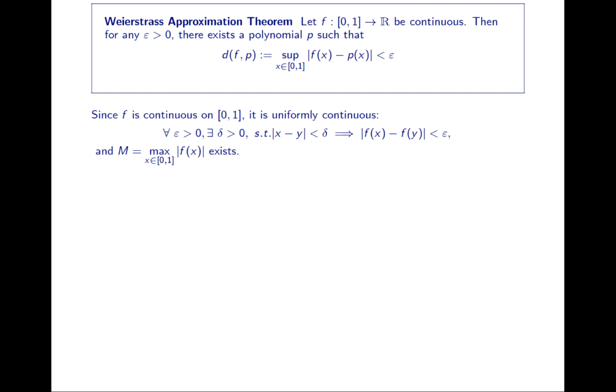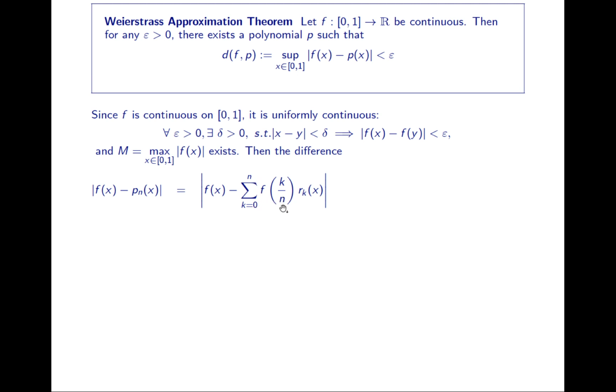Because f is continuous on a compact set, it has a maximum. Let's call the max value m. So the difference between f and P_n, where P_n is that Bernstein polynomial that we defined, is equal to the sum of f of x minus f of k over n. Now, what is k over n from k equals 0 to n?